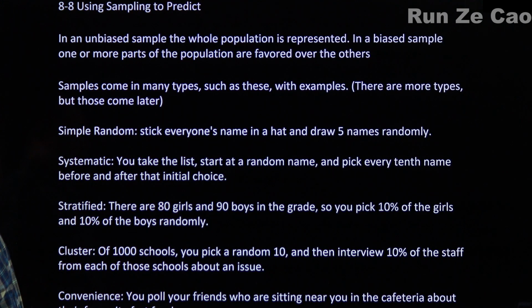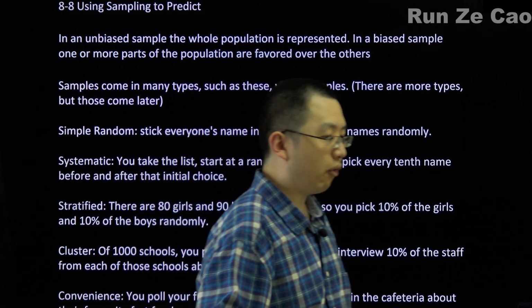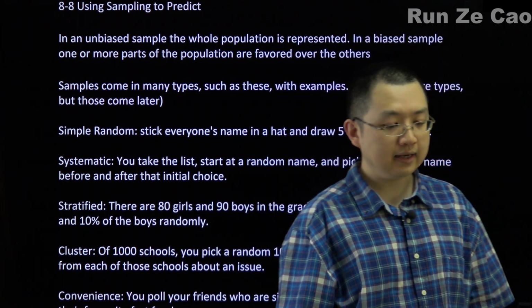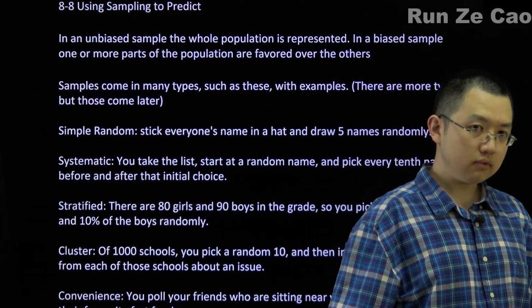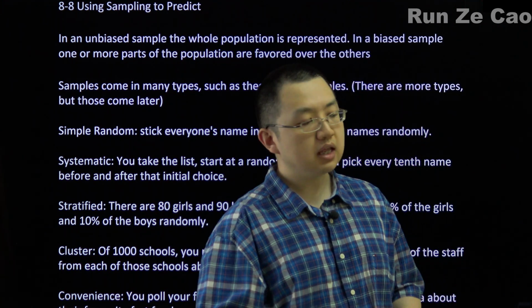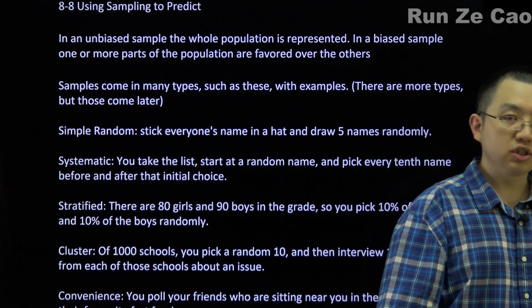Now, in a sample, you take only a portion of the population, and this portion should be unbiased. It should represent the population proportionately.